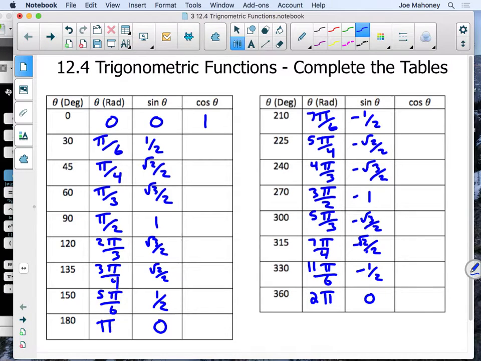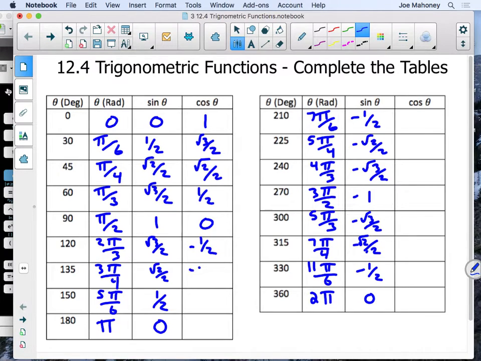You might remember that the sine and cosine of complementary angles are equal. So the cosine of 30 is the sine of 60. Notice now from 1, we go to radical 3 over 2. Then radical 2 over 2. Then 1/2. Cosine of 90 is 0. And then we're going to go negative.